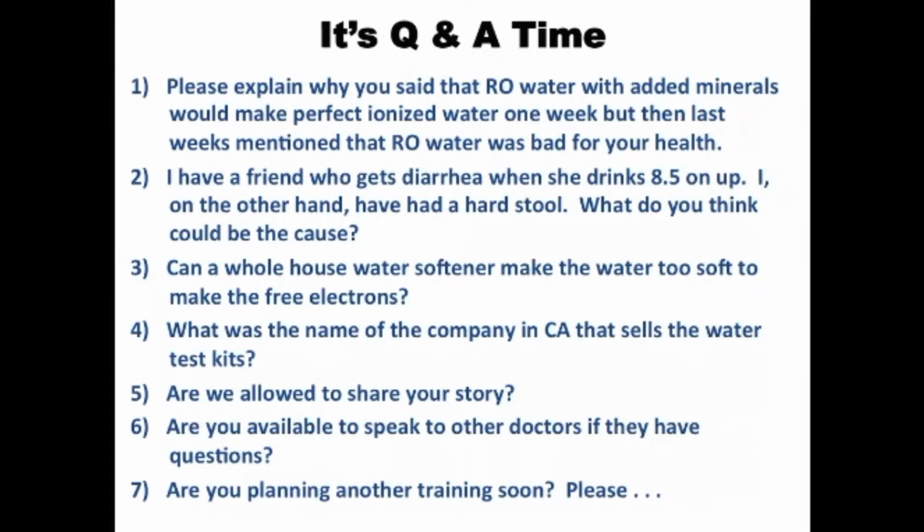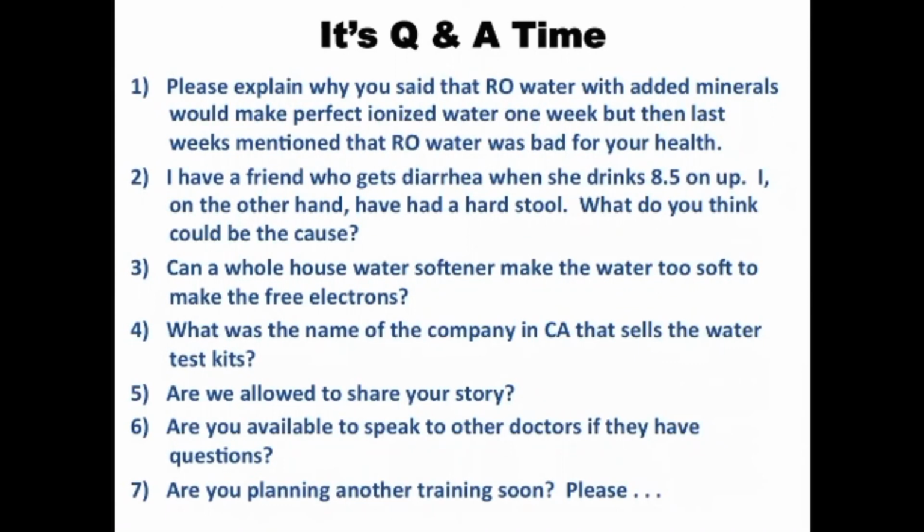Now, can a whole house water softener make the water too soft to make free electrons? No, the softer your water, the higher the pHs are, and the more antioxidants you produce. What was the name of the company in California that sells the water safe drinking kits?